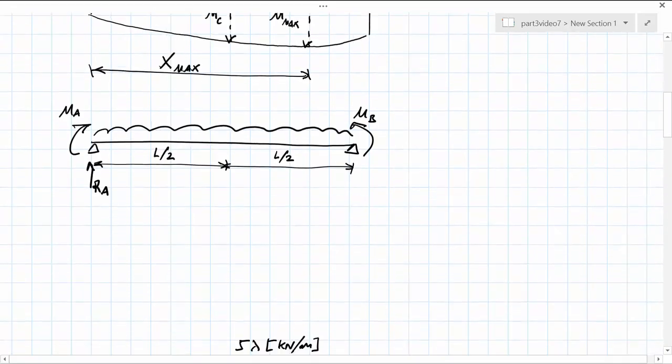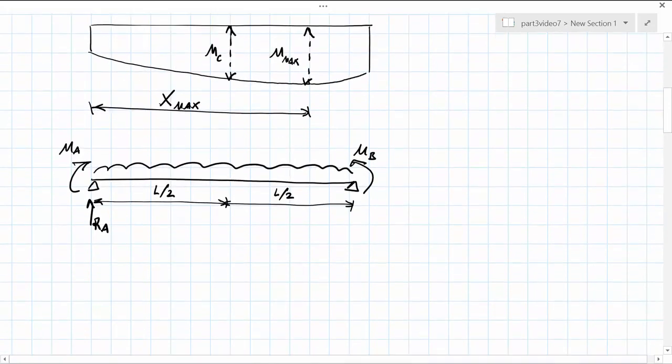For the reactions, we say that RA is equal to W times L over 2 plus (MA minus MB) over L.